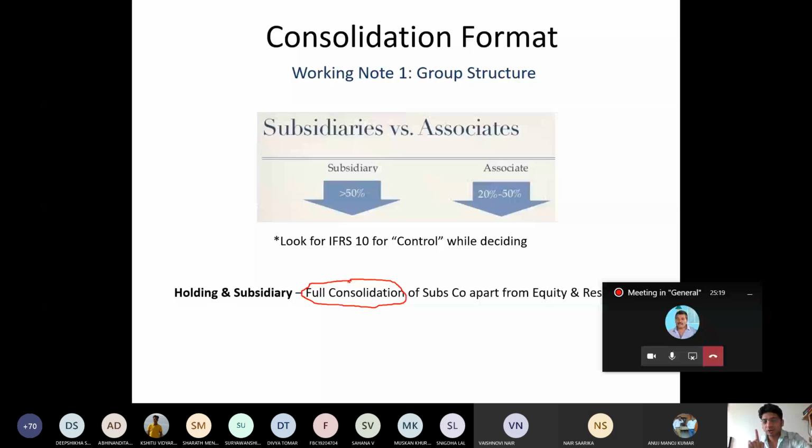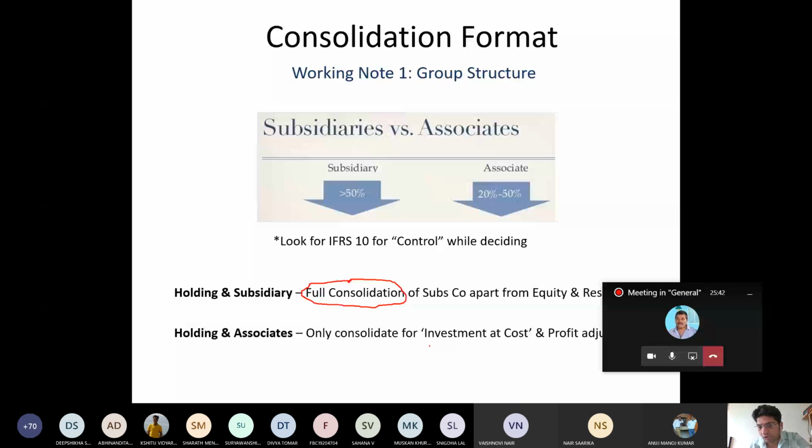But if it is holding and associate company, you will show all the assets and liabilities of the parent company, but you will not show assets and liabilities of the associate company, because an associate is not consolidated in the balance sheet.